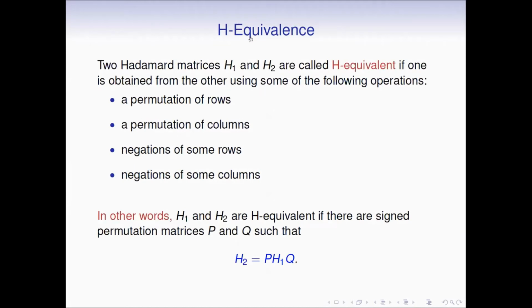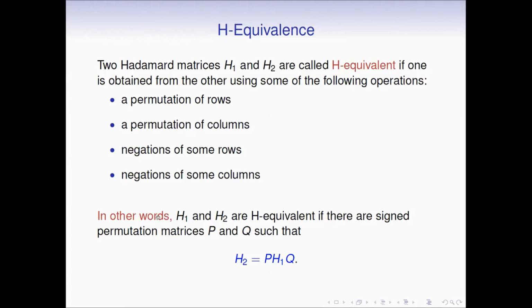First, because we are going to talk about classification, I want to define equivalence here. We call two Hadamard matrices H1 and H2 H-equivalent or Hadamard equivalent if H1 is obtained from H2 by some operations like this. You can permute the rows, you can permute the columns, you can negate some rows, you can negate some columns.